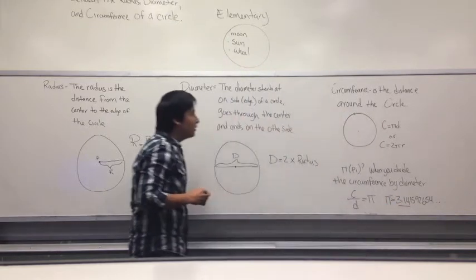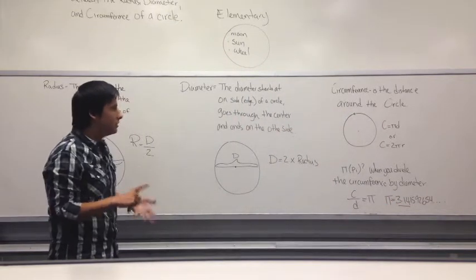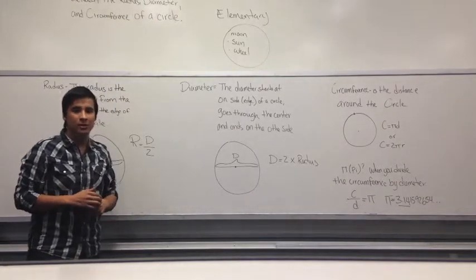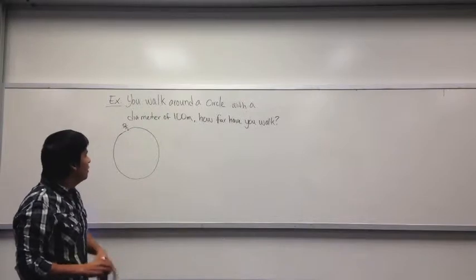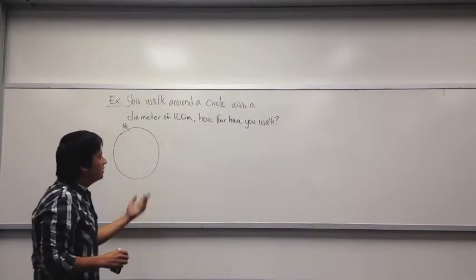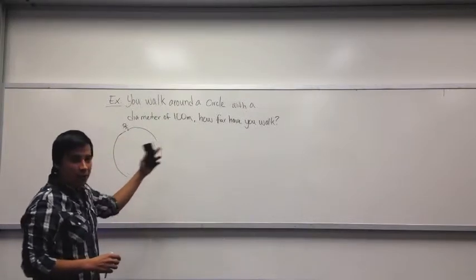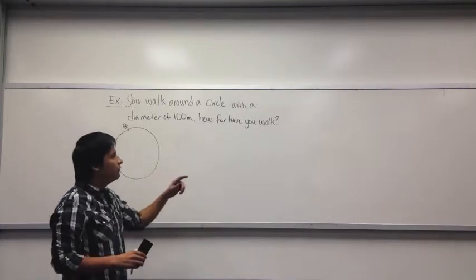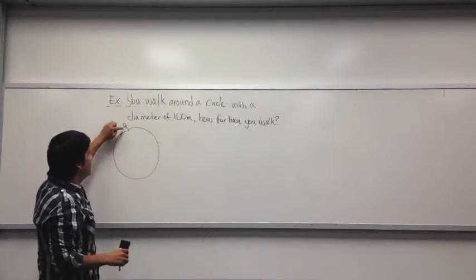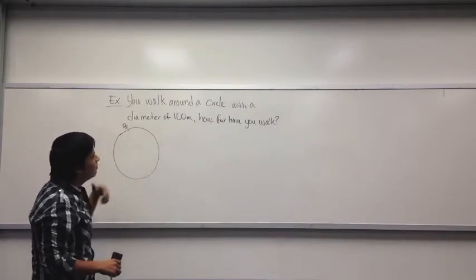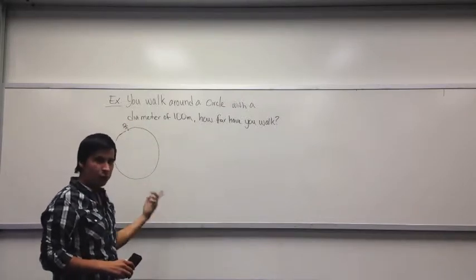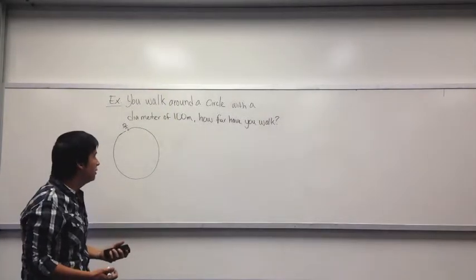Now that you know what the radius, diameter, and circumference are, we're going to look at some examples. For our first example, you walk around a circle with a diameter of 100 meters. How far have you walked? Imagine you go around the circle. How much have you walked around the circle? We're going to be finding the circumference.